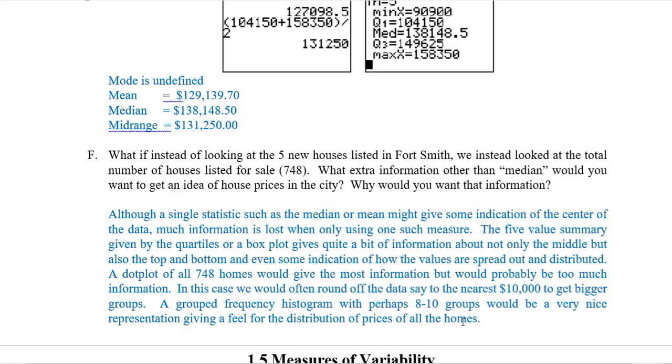You could put all of that together in a nice little graphical summary pretty succinctly, and then you'd have a pretty good idea of several things about these houses, and we could get a feel for the housing market in Fort Smith at this particular time.